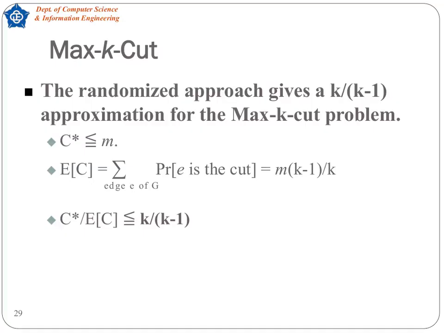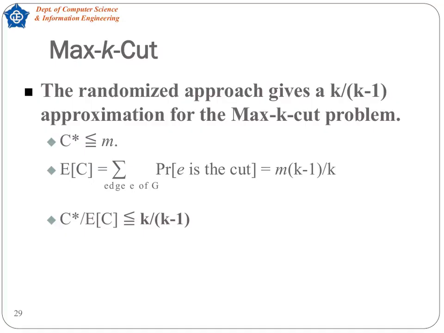Let's break down the supporting formulas that lead us to this powerful result. First, recall that C star is less than or equal to m. Just to reiterate, C star represents the optimal value of the max k-cut, and m, as we know, is the total number of edges in the graph. This inequality simply establishes an upper bound for that optimal cut value.